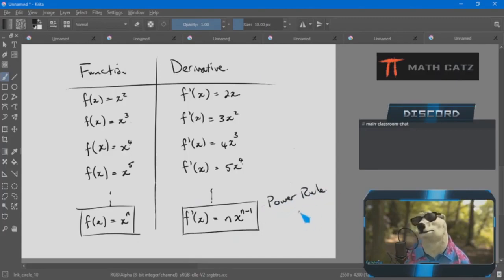Now, I don't like the word rule because it feels made up. I'm making up the rules. You have to live by them. That's not the case. It's more a property. It should be called the power property, but it's not. It's called the power rule, and everyone uses the word rule. Power rule. But understand, it's not made up. It comes out of the limit definition where we do it over and over and over, and we see a pattern, and that is how it behaves.